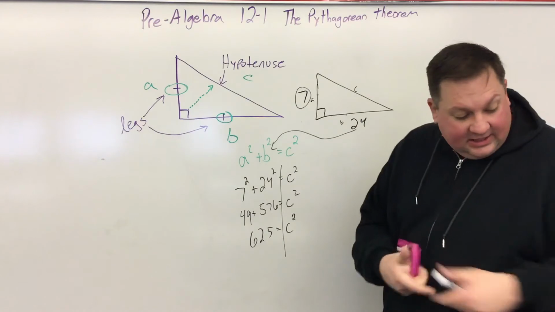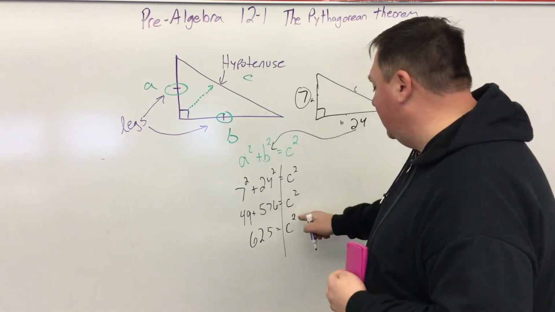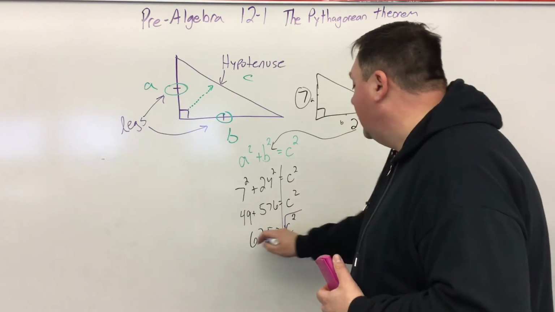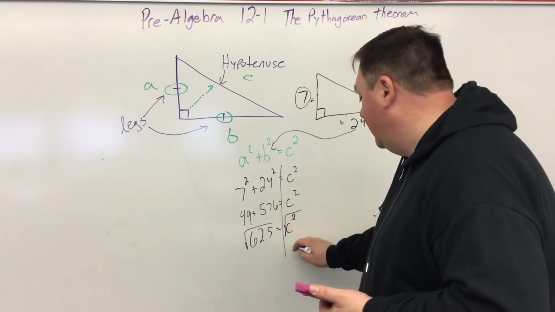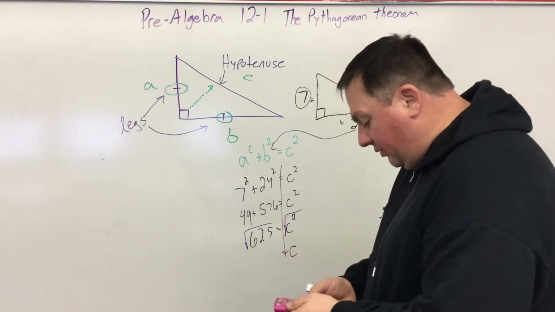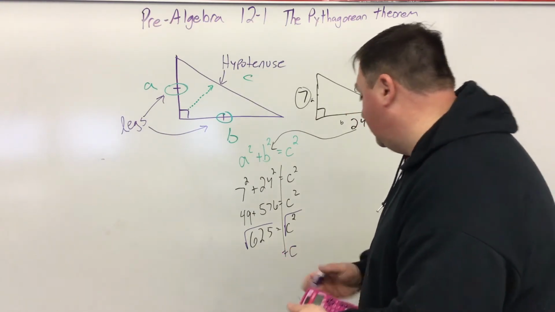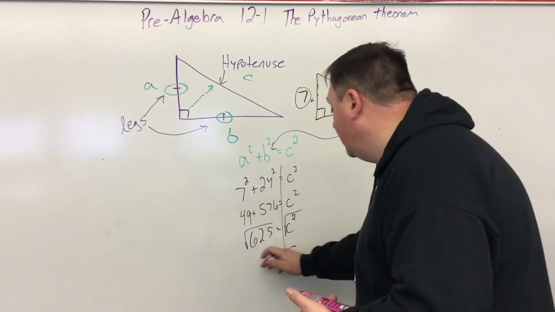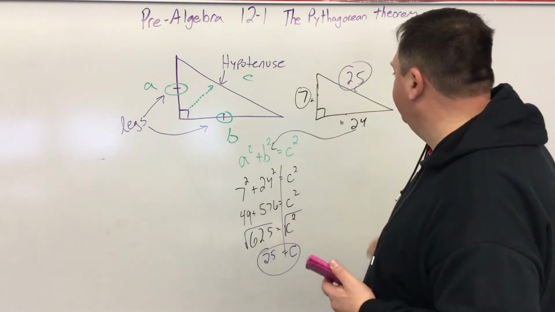Now to do the opposite, the inverse operation of squaring something, you have to take the square root, and you must do that to both sides. So the square root of C squared is C, and the square root of 625 is 25. So we just found the hypotenuse to be 25.